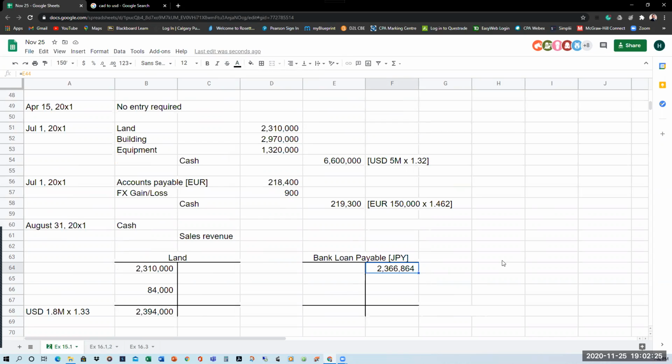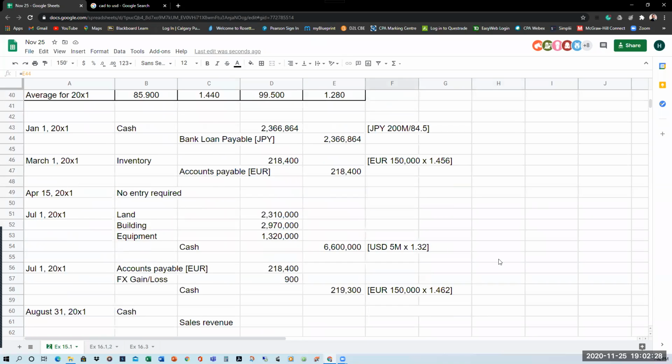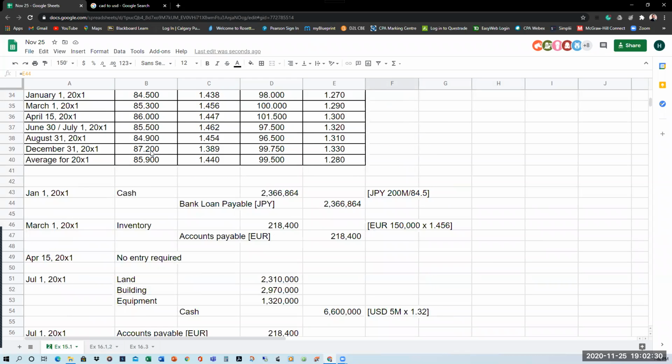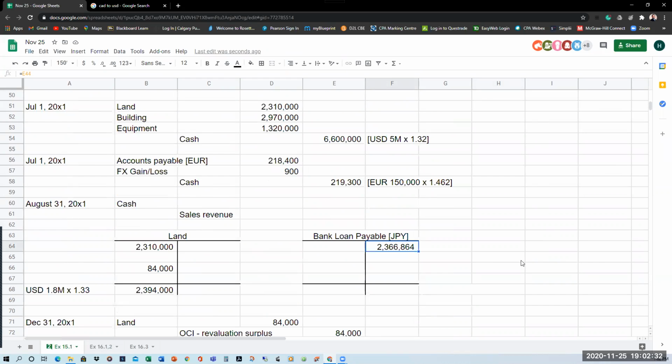It's still 200 million Japanese yen. But given the fact that the closing rate is 87.2, we have to convert the 200 million yen using the 87.2 rate. So if you divide 200 million by 87.2, the liability in equivalent Canadian dollars is now only 2,293,578. Liability is smaller.